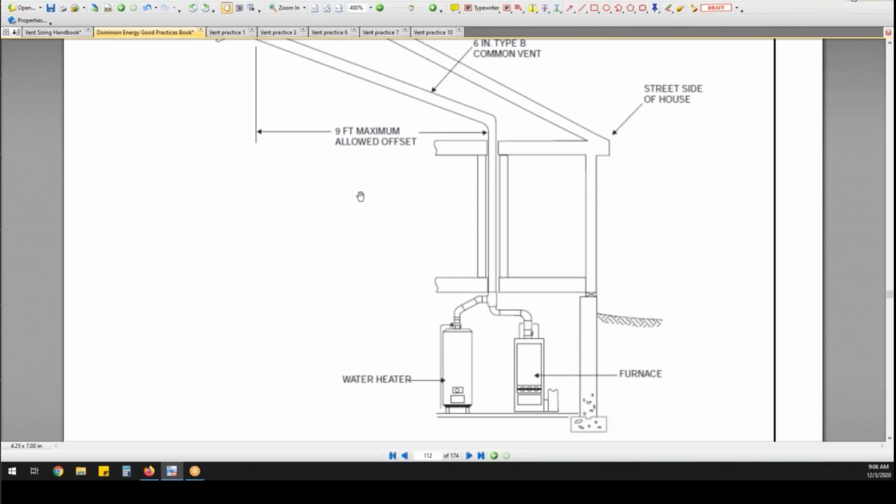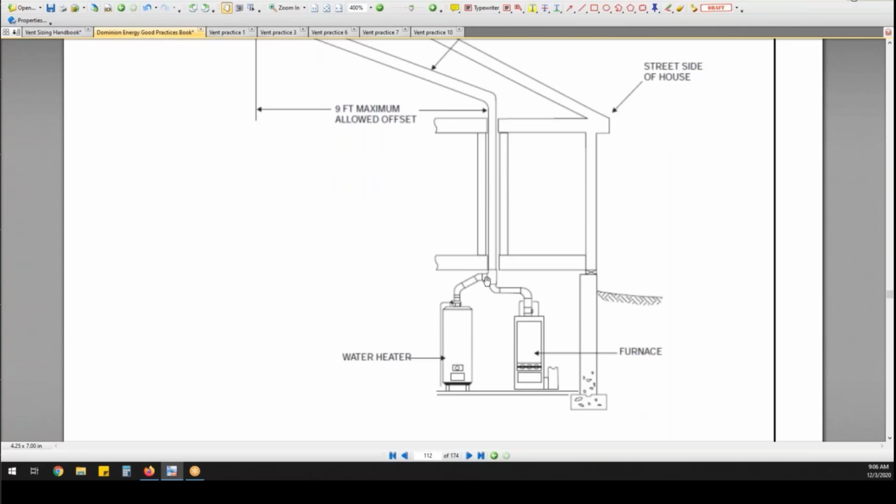My connectors come from the T to each appliance. Now, let's assume this appliance isn't here. I only have one appliance. This wouldn't be a T. It'd just be the pipe ending right there. And then my connector is everything that gets me from the main stack to the appliance, and it has to be in the same room as the appliance. Okay. Does that help?